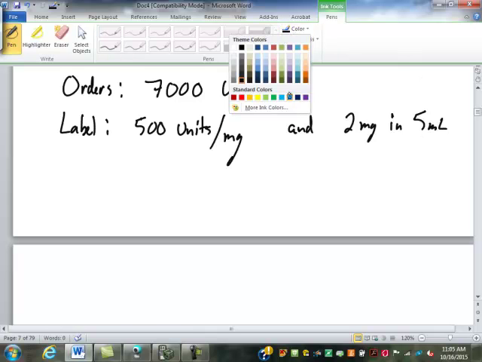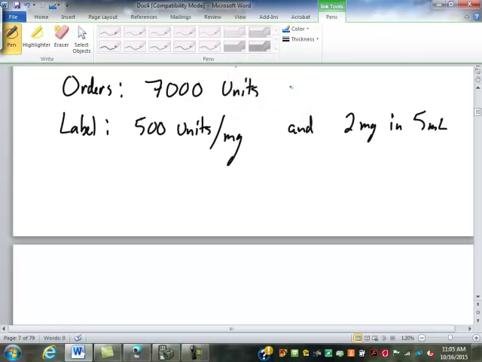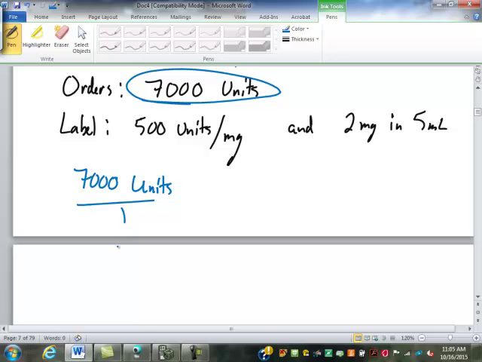This is what I had mentioned about the other two methods only being able to go one step at a time. Dimensional analysis can go several steps at a time. We're still starting out with the doctor's orders, 7,000 units. We'll make it a fraction by putting it over 1.